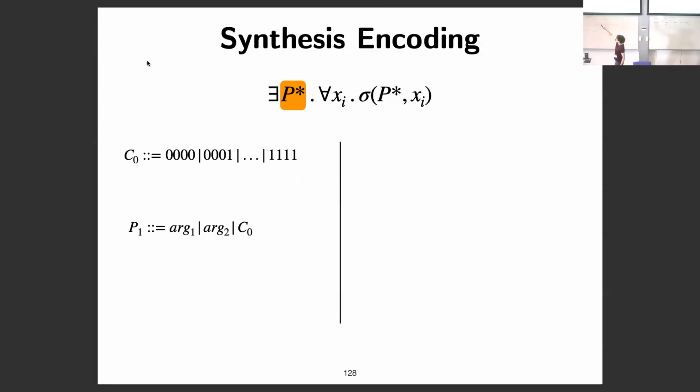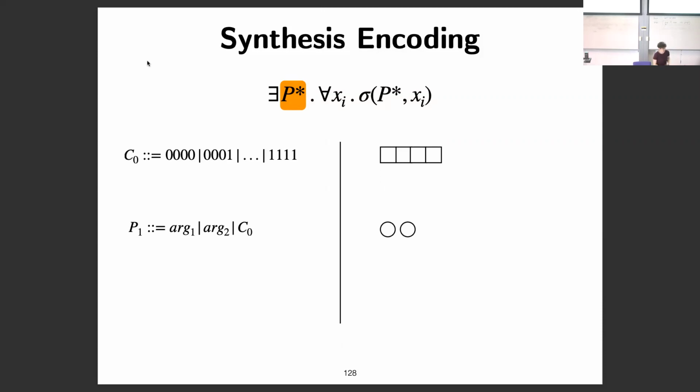And then I have a grammar for C0, which allows it to be any one of these bit vector constants. What I want to know is if there exists a program within this grammar such that for my counterexamples, this is satisfied.